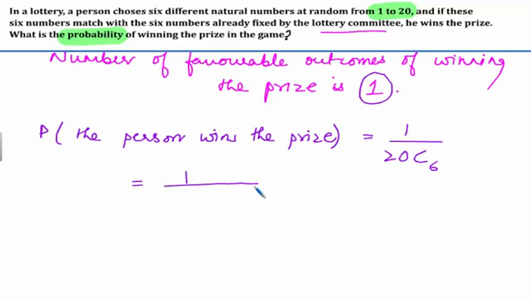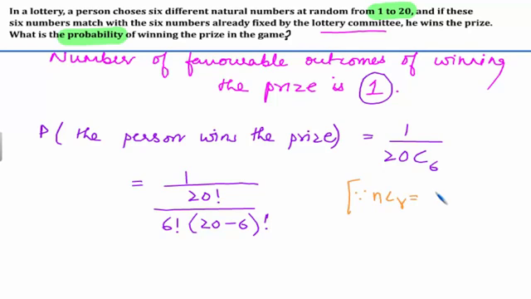This is equal to 1 divided by 20 factorial divided by 6 factorial into 20 minus 6 factorial, and this is because we have the formula nCr is equal to n factorial divided by r factorial into n minus r factorial.